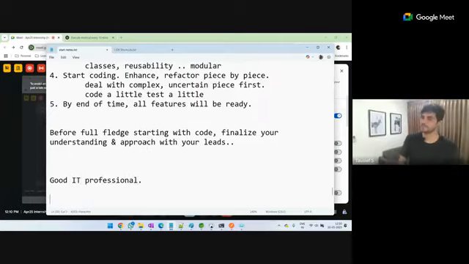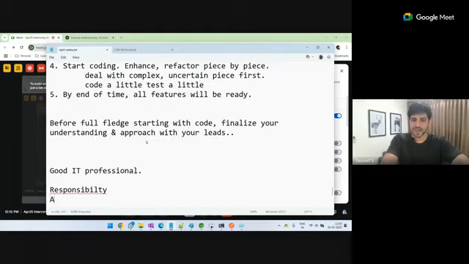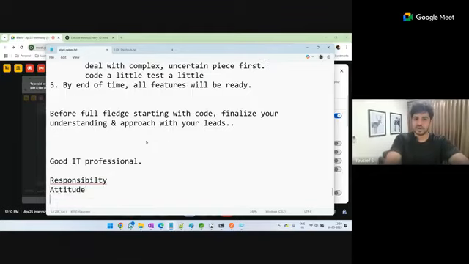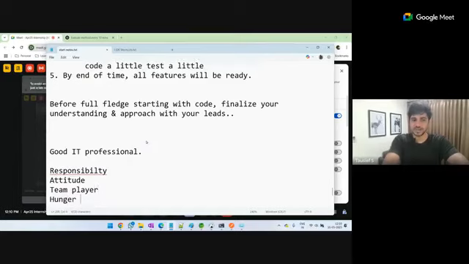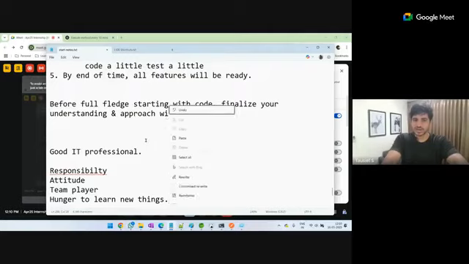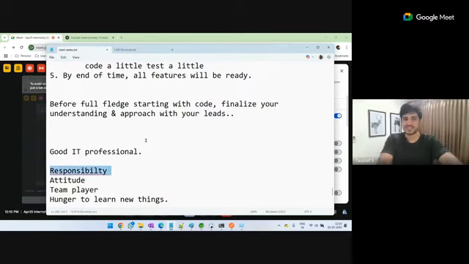That is really required. Overall, in sense of responsibility, in terms of your attitude, your giving back to the team, being a team player, always hungry to learn new things. These will be core expectations. Nobody tells you, but this will reward you or hurt you. So have these things properly.